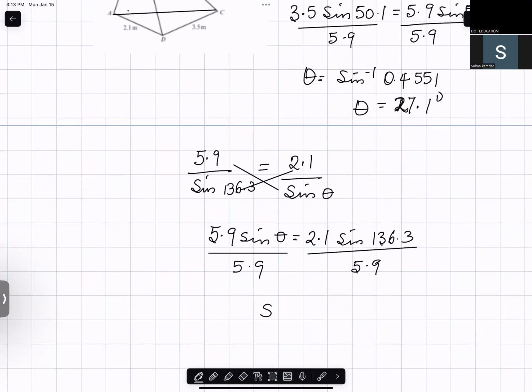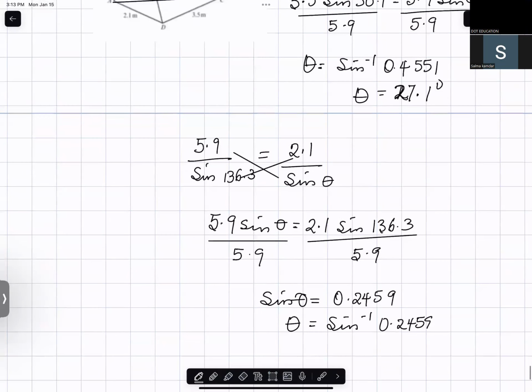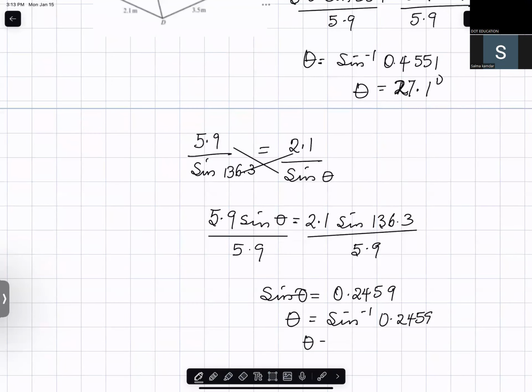So sine theta is equal to 0.2459, and theta becomes sine inverse of 0.2459, which gives 14.2 degrees.